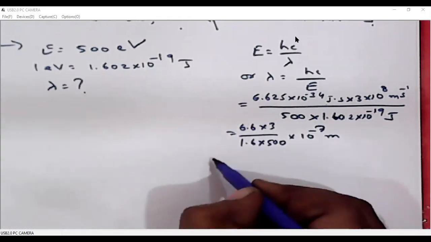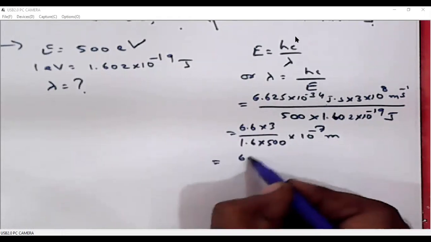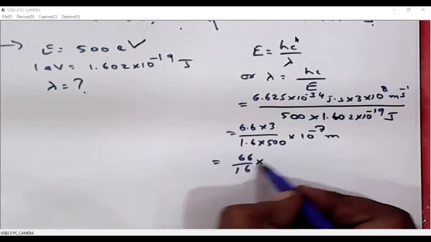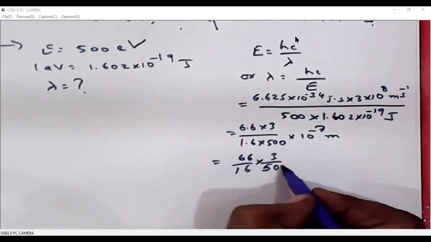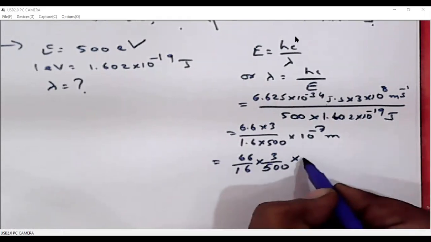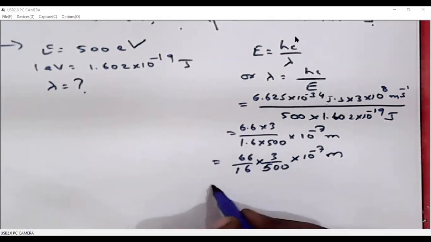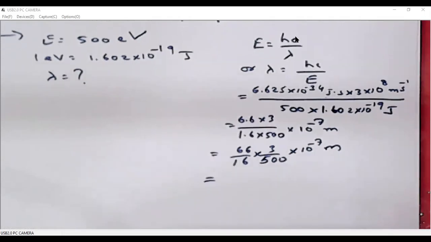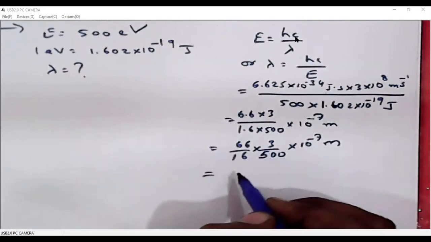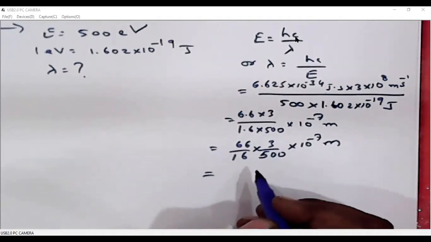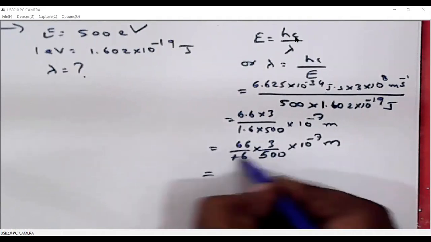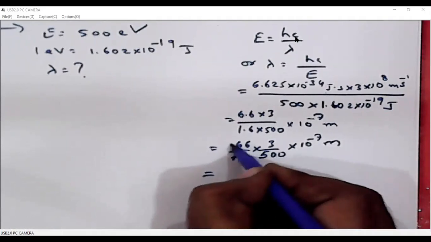Now this can be simplified as 66 by 16, 3 by 500 into 10 power minus 7 meters. 16, we can cancel it out.